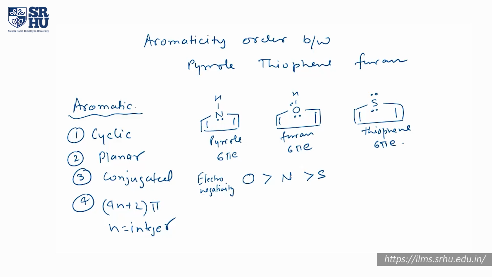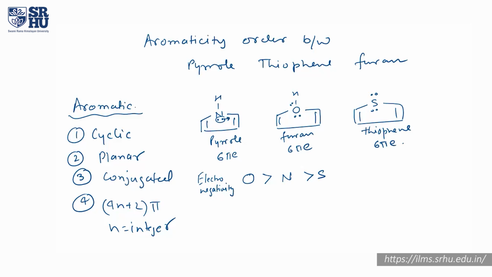Oxygen is the most electronegative atom, then nitrogen, and the least electronegativity is of sulfur. Electronegativity has an important contribution where this heteroatom contributes its electron to the pi system.